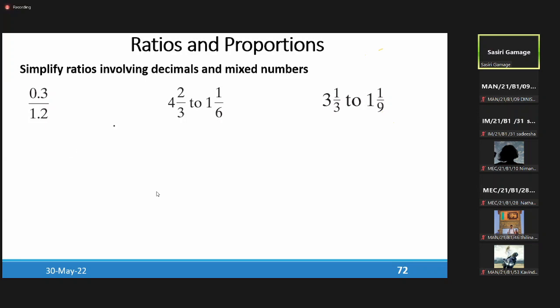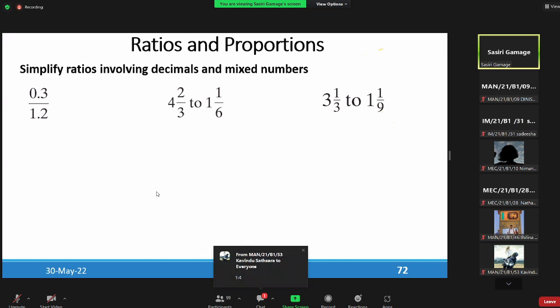Here, 0.3 to 1.2. How can we simplify this?